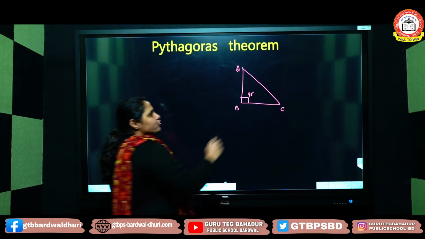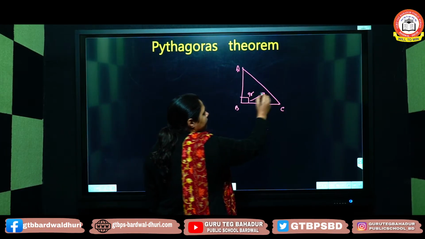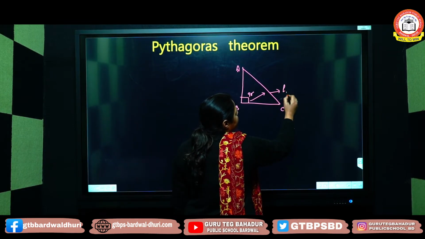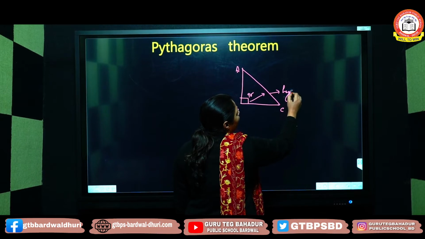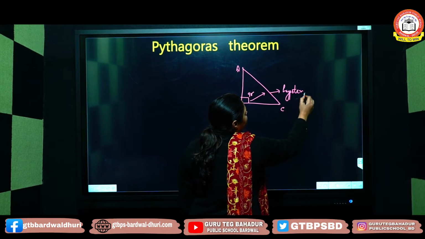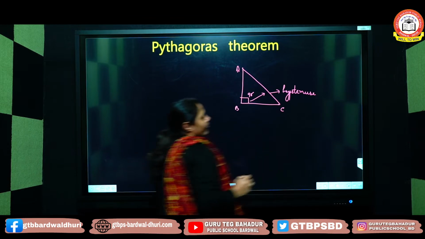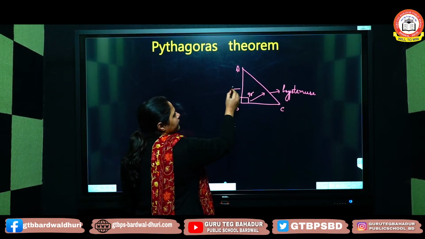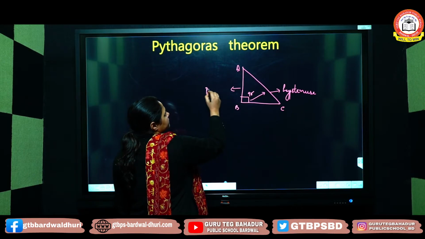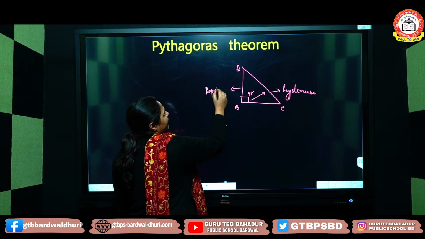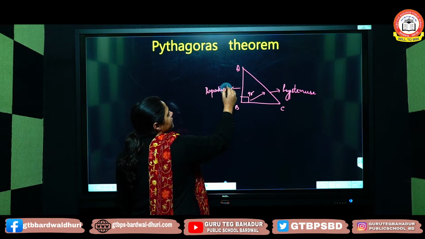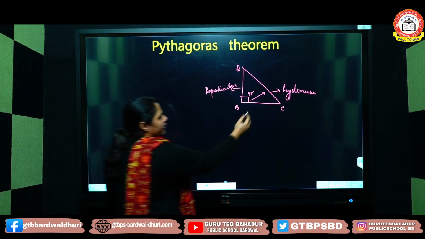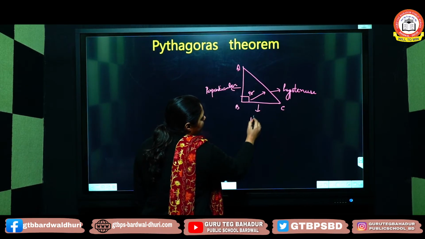The side which is drawn opposite to this 90 degree angle is always called the hypotenuse. And the 90 degree straight side is called the perpendicular. And the side on which this perpendicular stands is called the base.